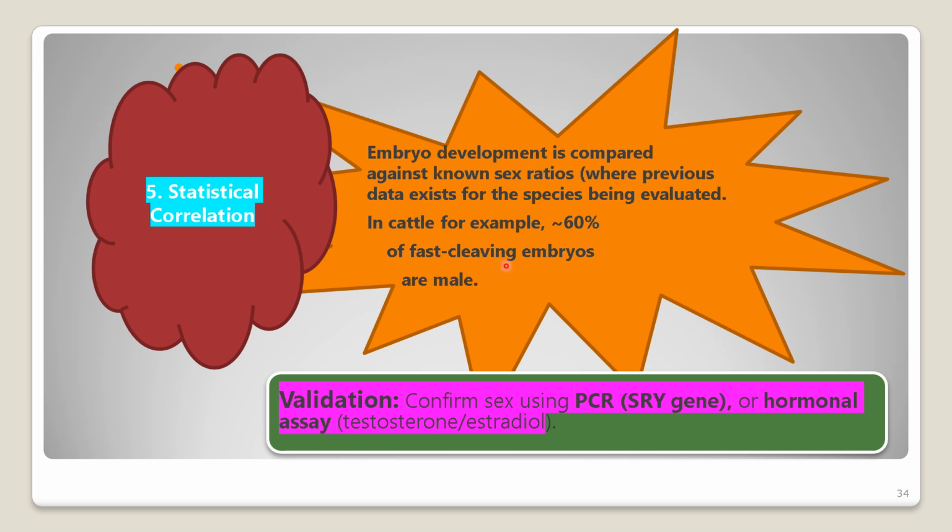So when we have this, we can be almost certain of the sex of the embryo. However, if we are not 100% sure, we can validate through confirmation again using the PCR method, where the SRY gene is amplified, or the hormonal assay method, where we use hormones produced by the embryo, that is estradiol or testosterone, to know if it is a female or a male respectively.